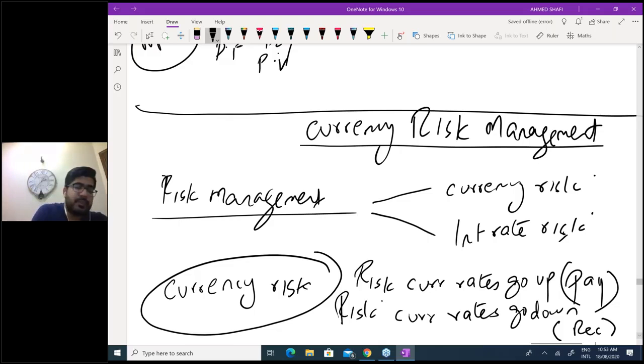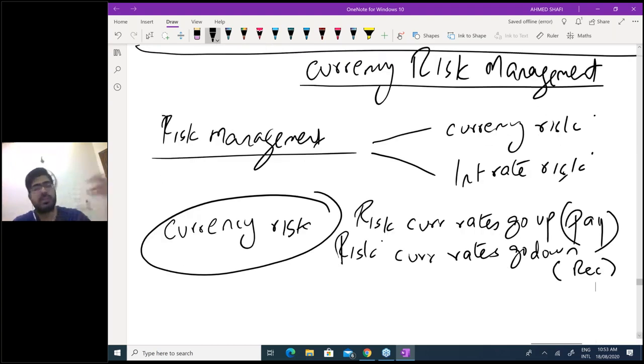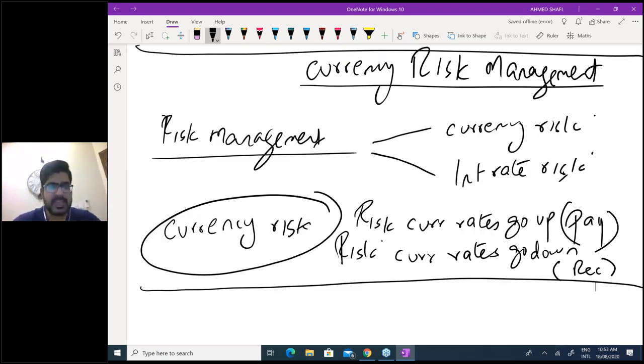Obviously, this happens because currency rates keep on moving constantly. Currency rates are not stable, they change. So there is absolutely no chance that one can prevent this risk.